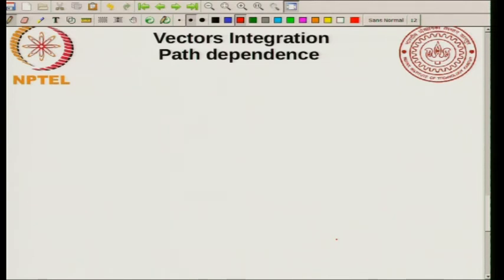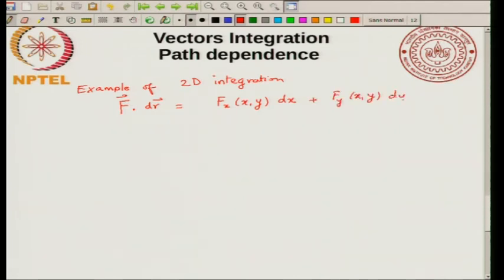So, let us take an example of 2D integration. I am just making this a little easier by taking a 2D integration. For example, if you take F dot dr, now this becomes F_x of (x,y) dx plus F_y of (x,y) dy.